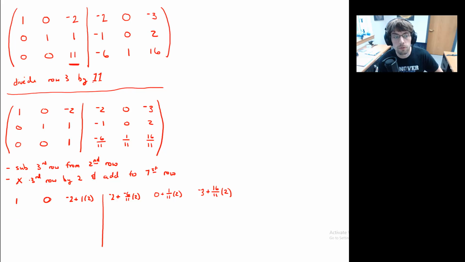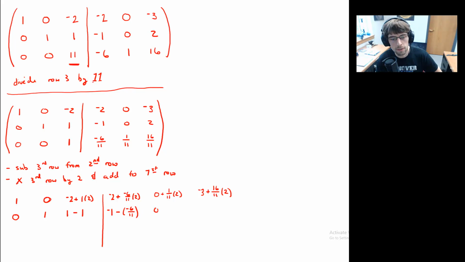Subtract the third row from the second row. So 0 minus 0 is 0. 1 minus 0 is 1. And we have 1 minus 1. So we have to subtract the third row from the second. So we have negative 1 minus negative 6 over 11.